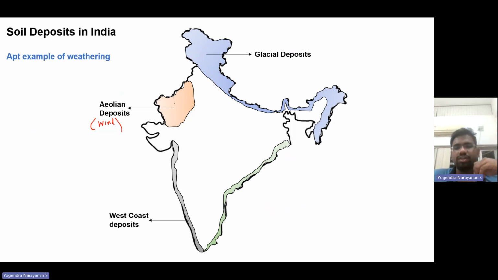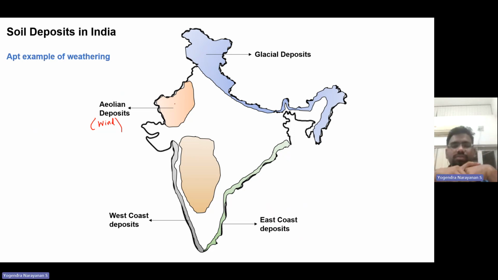They are essentially very fine materials, and there is a significant difference between the west coast deposits and east coast deposits, because west coast deposits are essentially the weathered products of Deccan traps, that is volcanic rock formations, which are basaltic.